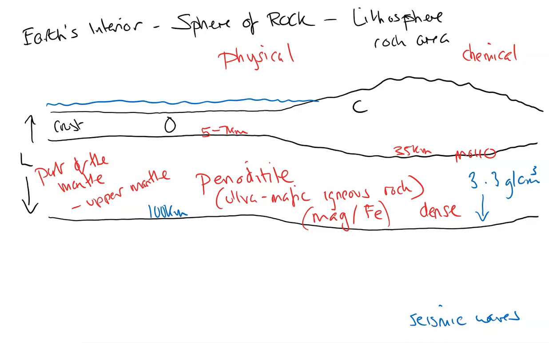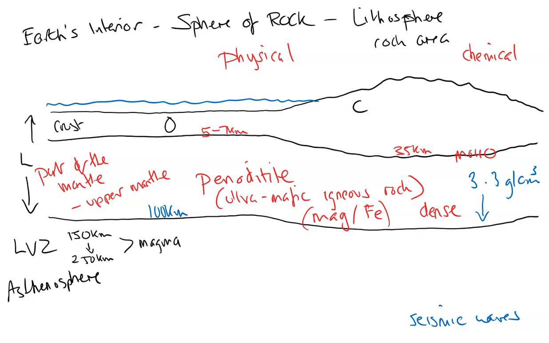Now, just below the lithosphere, in technically the asthenosphere, we do have an area called the LVZ, or low velocity zone, where you do see a distinct decrease in velocity of those seismic waves at a depth of between 150 kilometers down to about 250 kilometers. And that's where they assume a lot of the magma is derived or generated or produced.